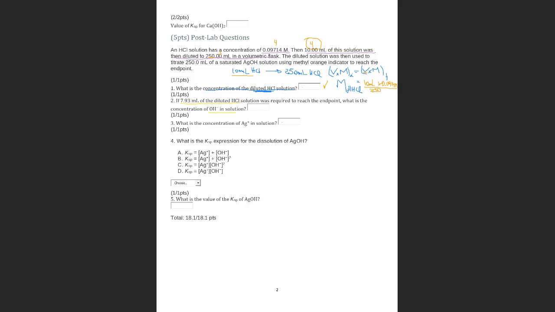If we don't write the chemical equation, we don't know what we are talking about. So what they are saying here is that they have a solution of silver hydroxide and they titrate it with hydrochloric acid to make silver chloride plus water.